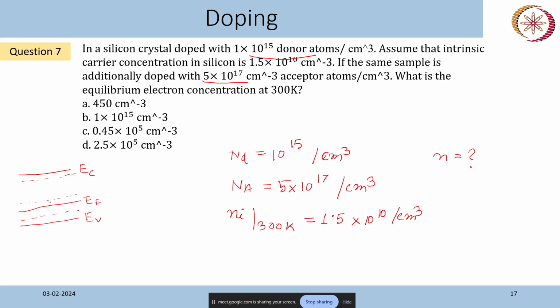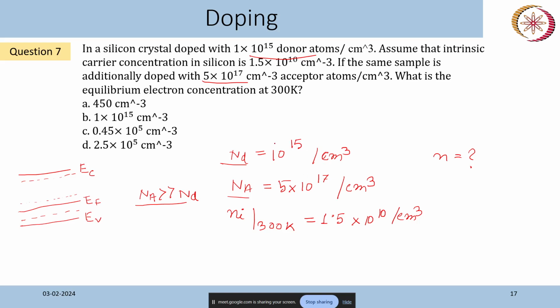Okay, so how do we get the answer here? Donor concentration Nd is given as 10 to the power 15 and Na as 5 into 10 to the power 17. So Na is very much greater than Nd. Why are we saying that it is very much greater? You can compare the orders here. You can see this is two orders.